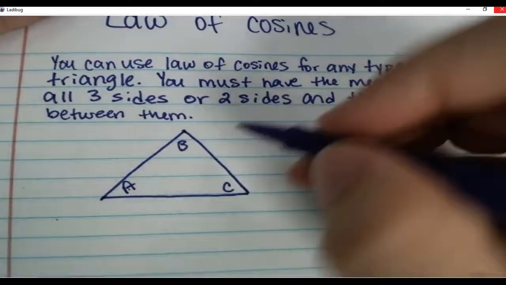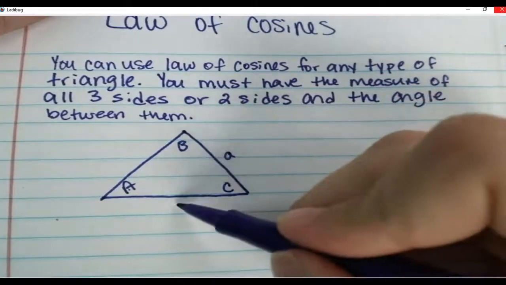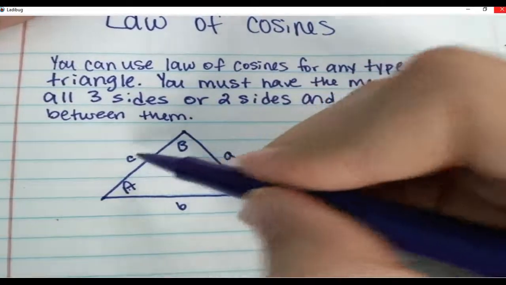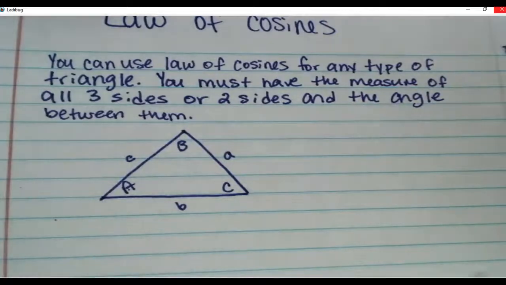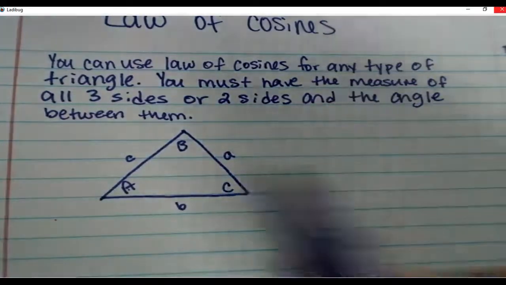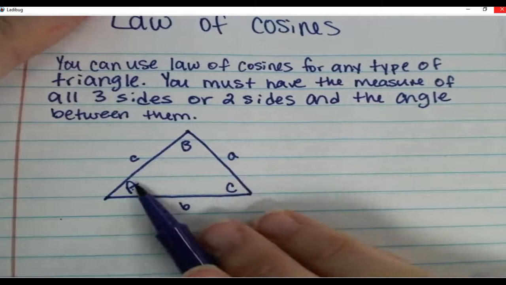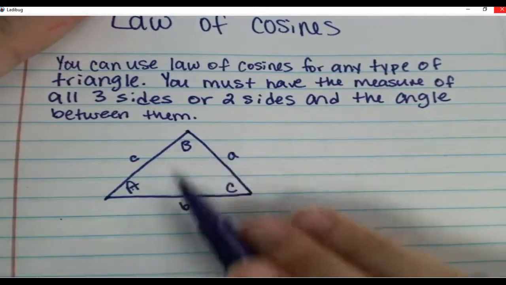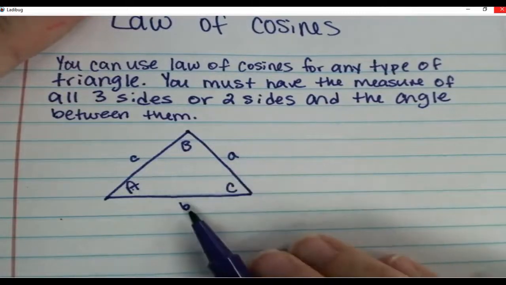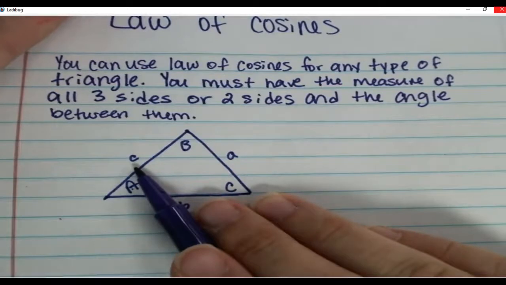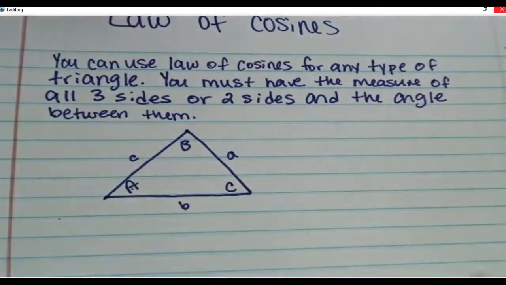So opposite of big A is little a, opposite of big B is little b, and opposite of big C is little c. Now when we use these letters A, B, and C, they're just unknowns. It doesn't have to be A, B, and C. It can be D, E, F. It can be J, K, L. It can be any letters. The main thing is that your angles are capital and that your lowercase sides are always opposite from them. So if this was D, E, F, this would be little d, little e, little f. So the letters are just there.